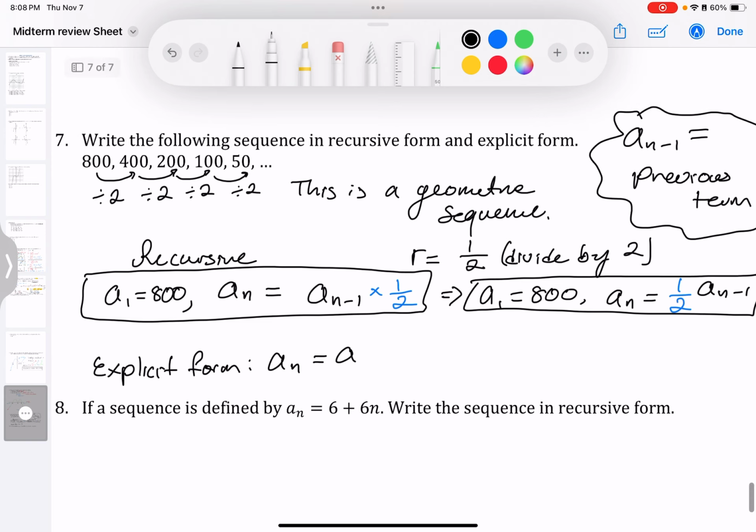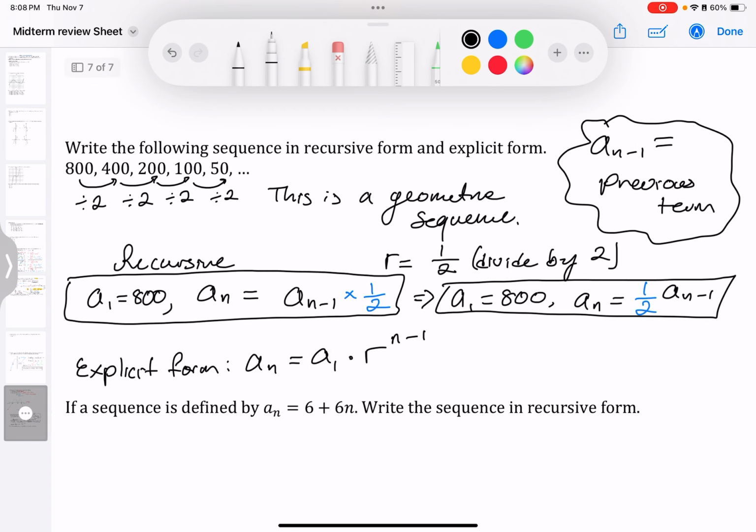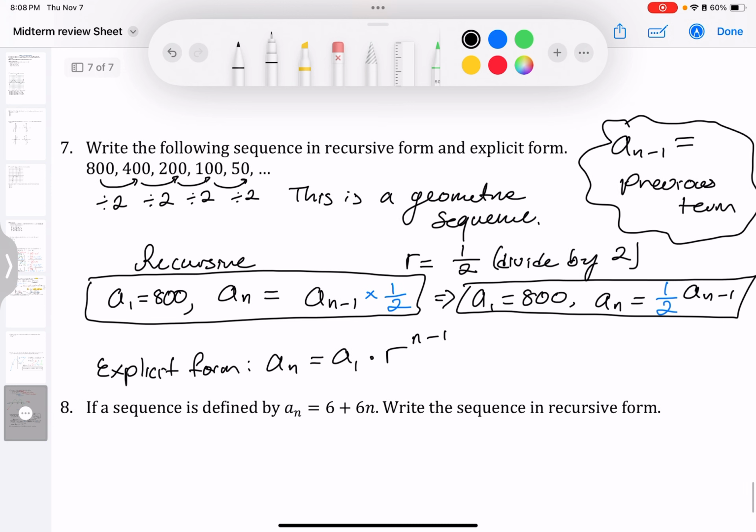Now, the explicit form says to find any term in your sequence, you take the value of the first term, because it's geometric, times the common ratio to the power of n minus 1. In our case, the first term is 800, and the common ratio is 1/2. So to find any term in our geometric sequence, you take the first term of 800.